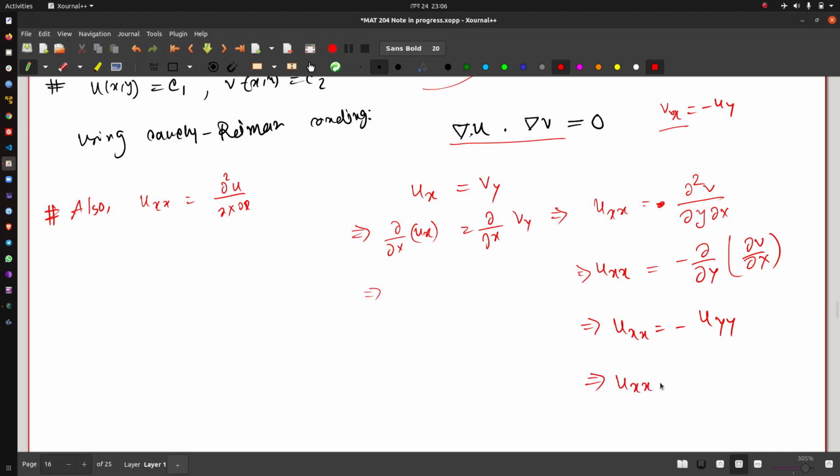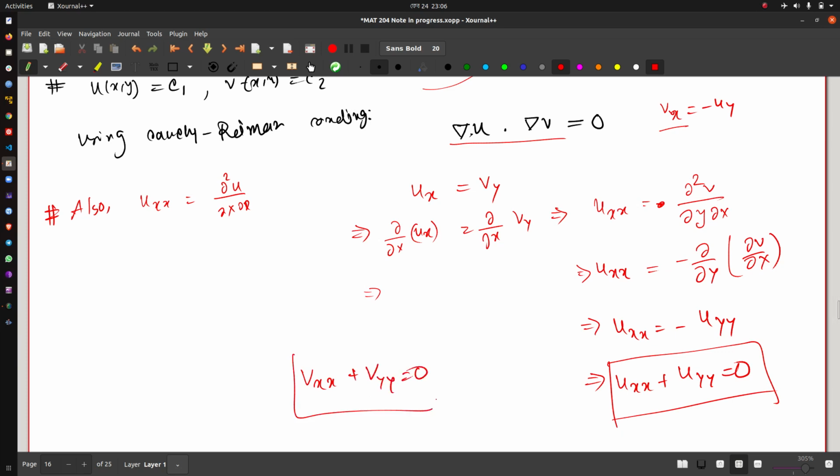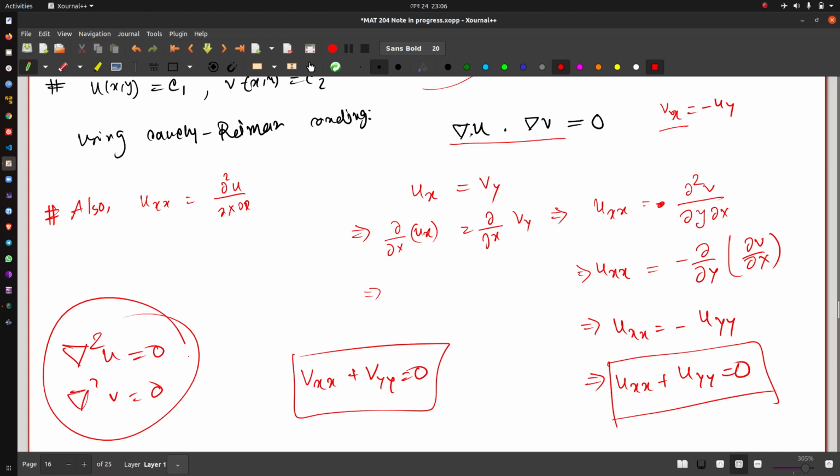You just pull this thing to the left side, and voila, this is Laplace's equation. Similarly, you can show that this is also true for v, and together you can write del square u equals 0, del square v equals 0, and these are Laplace's equations.